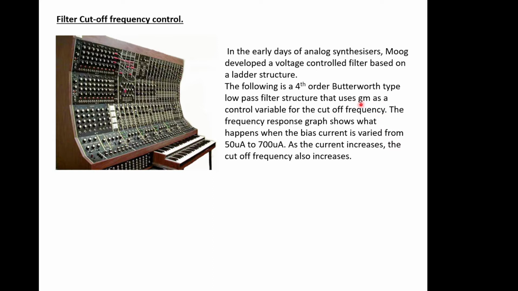Again, we're controlling gm by changing a bias current, and this is going to control the cutoff frequency of a filter. So we're controlling this AC parameter with a DC response, which is quite a neat trick really.